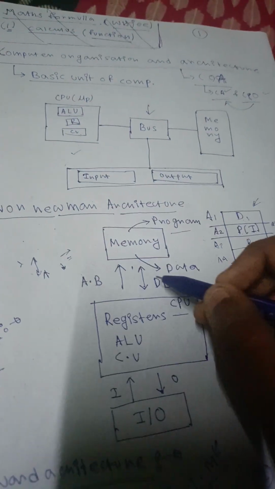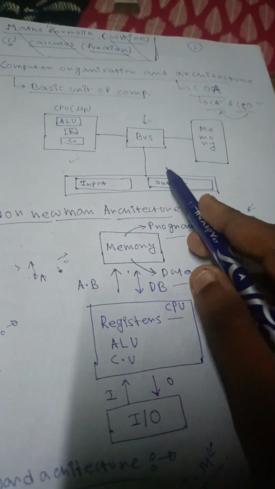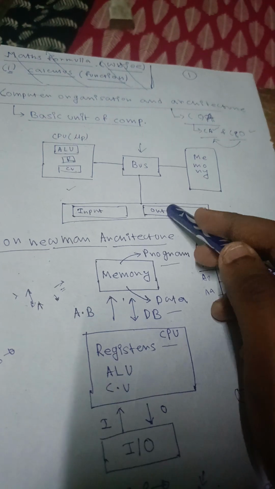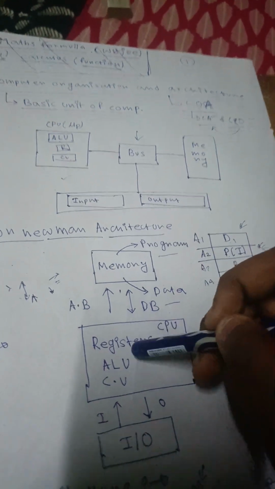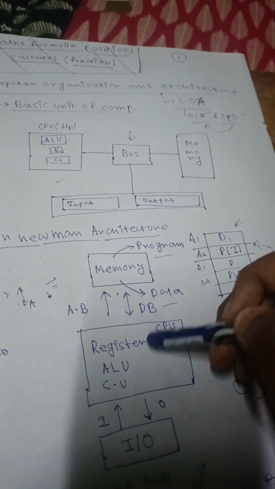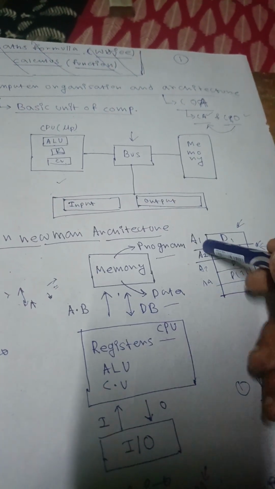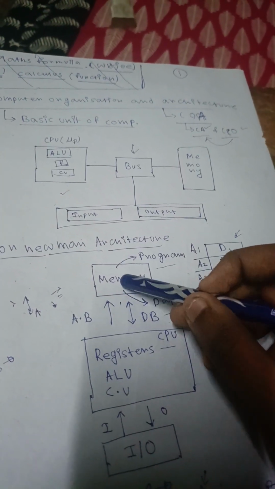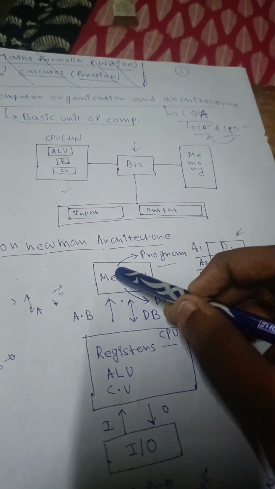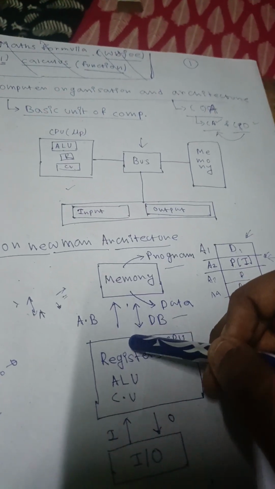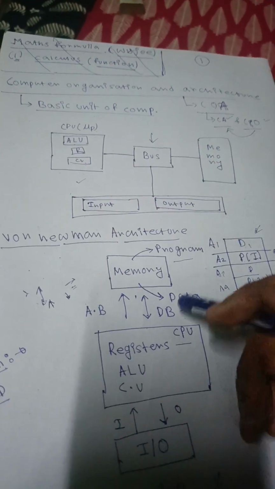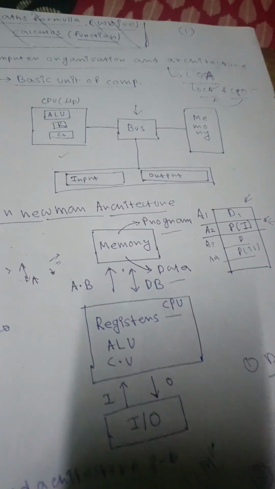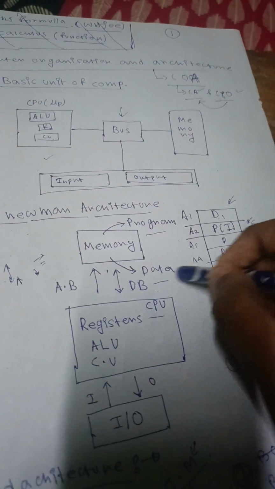So there is a bus. What the bus does, as I said previously, is connect all the components and let them communicate. All the data is transferred between the CPU and the memory. The address is given to memory from the CPU, because the CPU decides what to do with the data or the program, and where to put it. The control unit does all that.